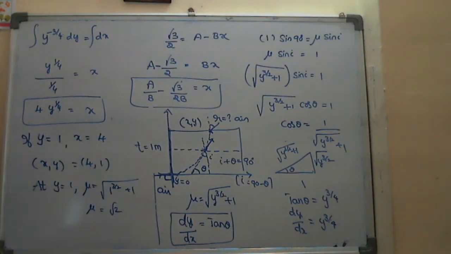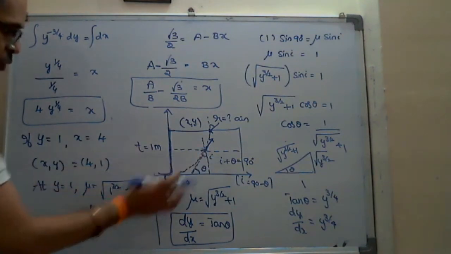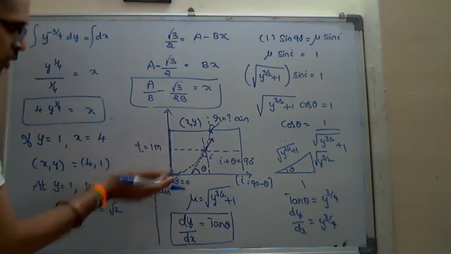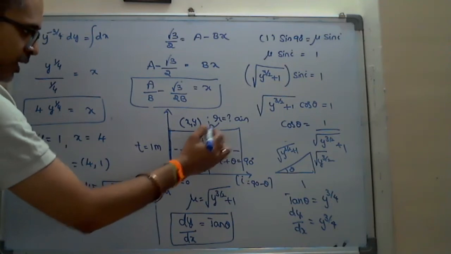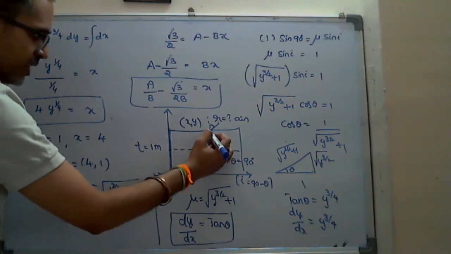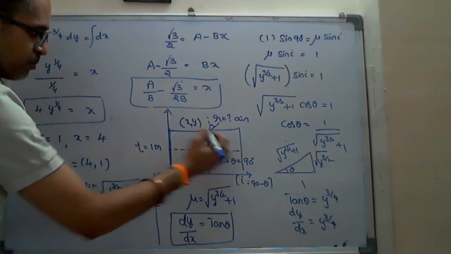Mu is equal to root 2 there, means like here, how I compared below and below. Here also if I compare, suppose while coming in, there is one angle of incidence.